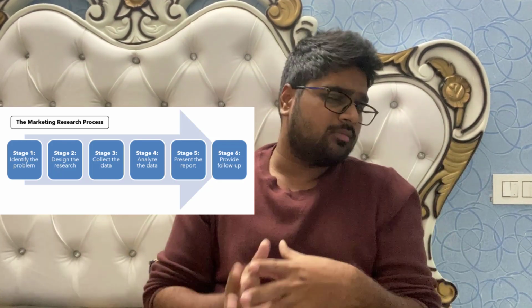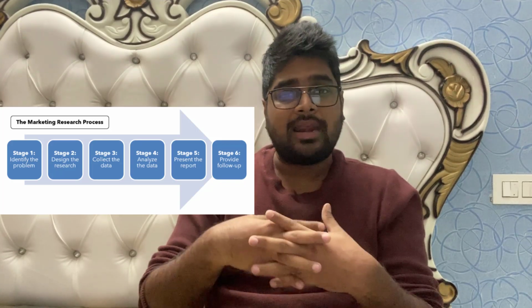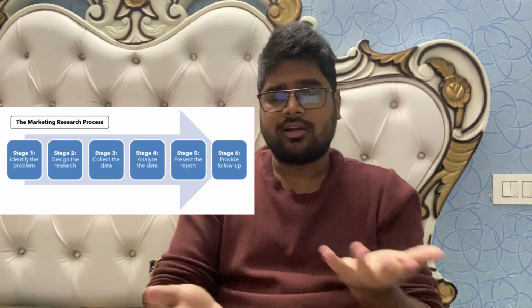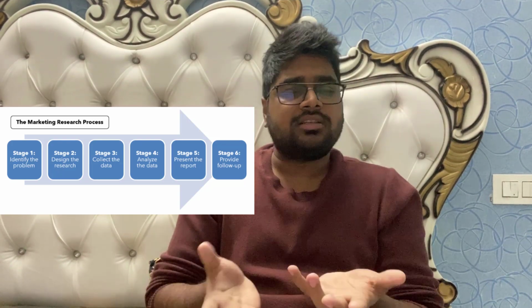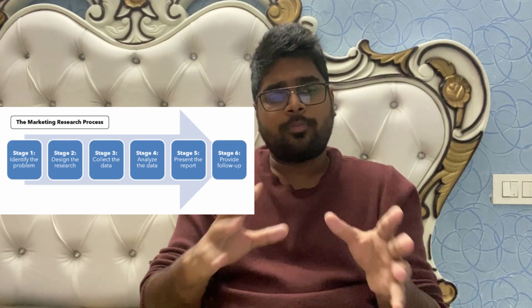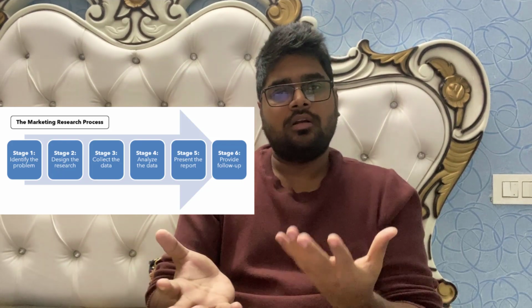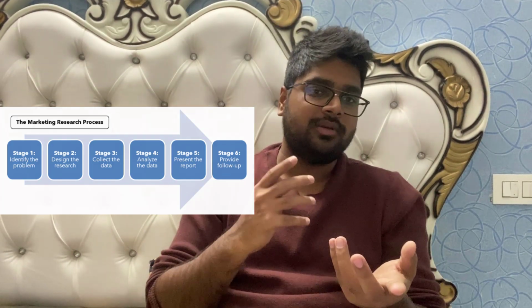Some of them do it fast, some of them take a lot of time, some of them do it with existing data, some might want existing plus primary data, collecting data from the customers. So it's their call. But all in all, these 6 steps result in a proper marketing research process and coming up with a proper plan for execution for the current opportunity or problem statement that the company has decided.